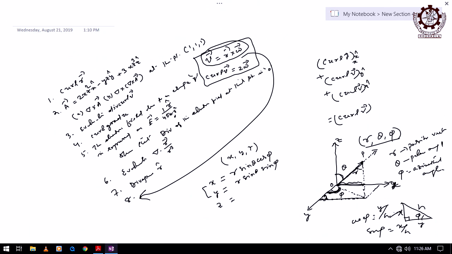Now tell. The projection on the xy plane of r will be r sin phi, and then if we take the x component, the angle between x and the projection of r on the xy plane will be 90 minus phi. Which one? The angle between the projection of r on the xy plane and the x axis.